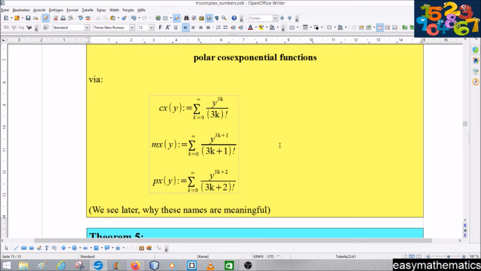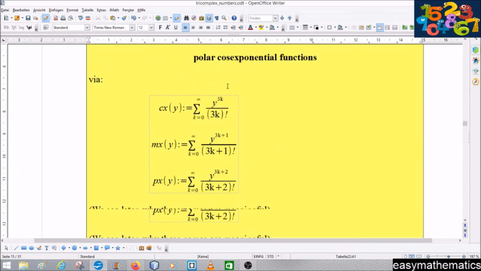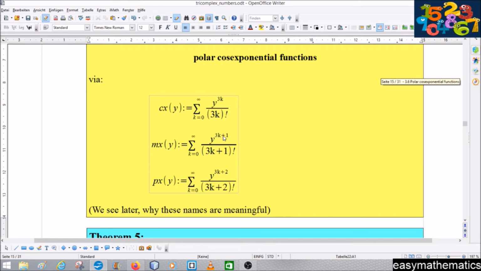Also infinite series with 3k, 3k plus 1 and 3k plus 2. Like I said, this is motivated by the Hamilton rules, and I let you think about that. And like I said, we see later why these names cx, mx and px are meaningful.